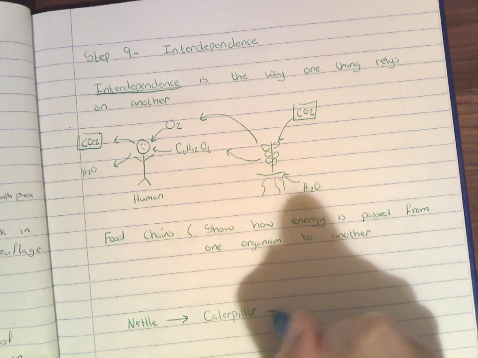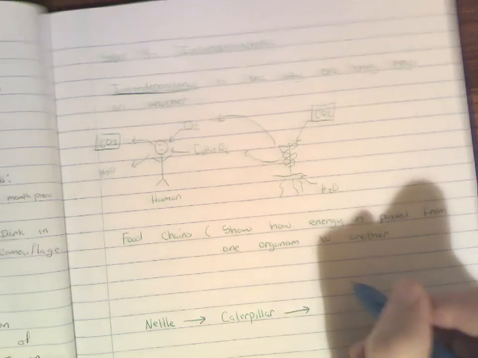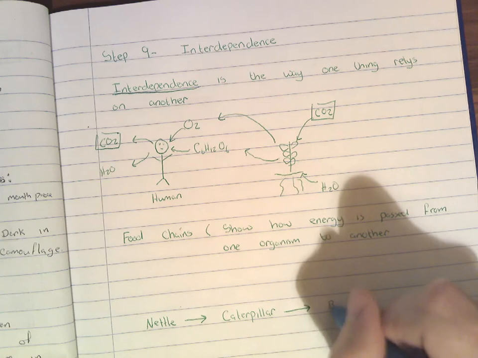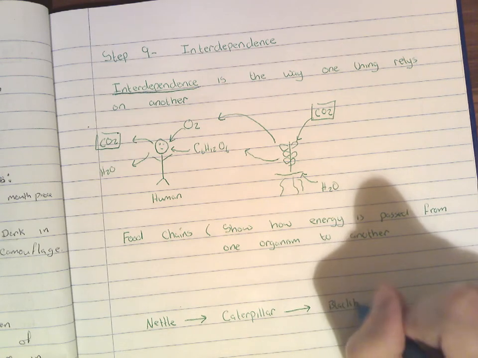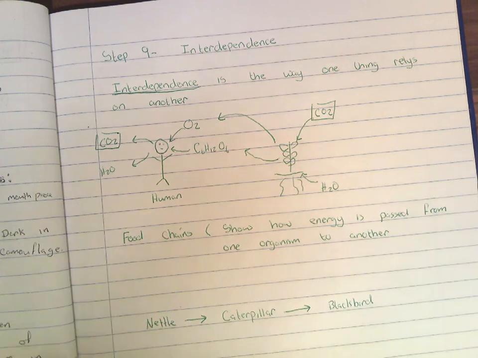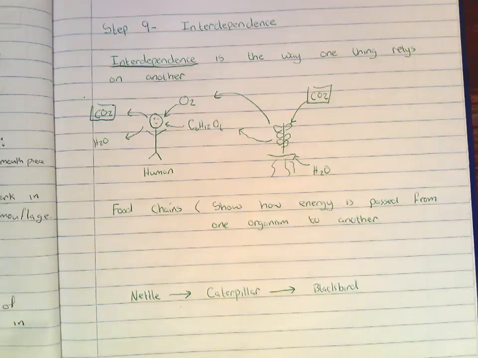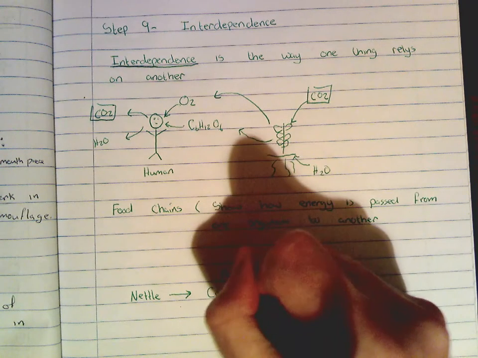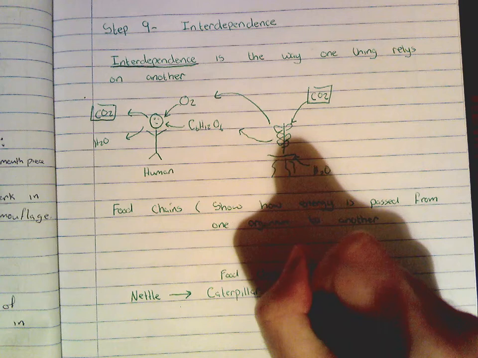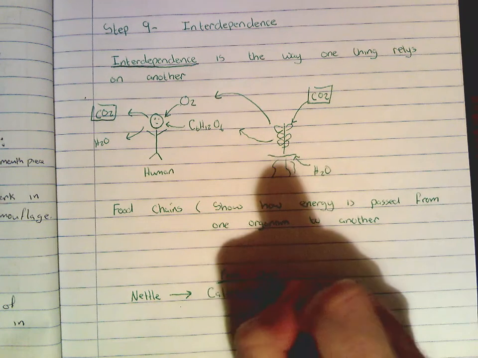So the nettle is eaten by the caterpillar, and then the caterpillar is eaten by the blackbird. So this is an example of what's known as a food chain. So it's a very, very simple food chain.